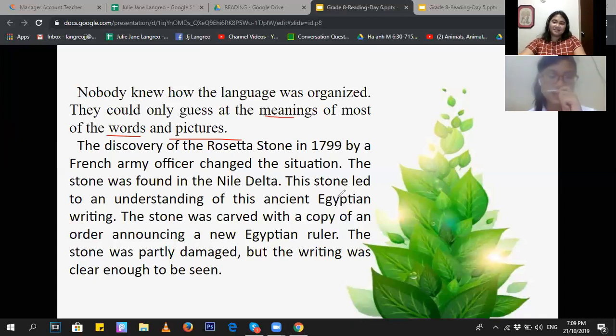This stone led to an understanding of ancient Egyptian writing. The stone was carved with a copy of an order announcing a new Egyptian ruler. The stone was partly damaged, but the writing was clear enough to be seen.